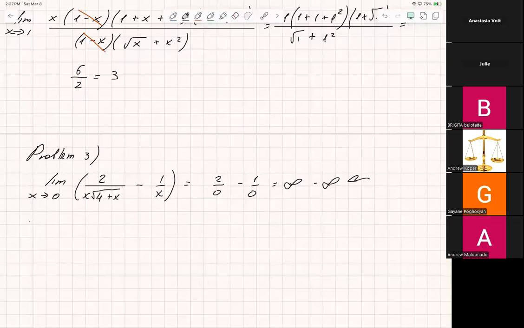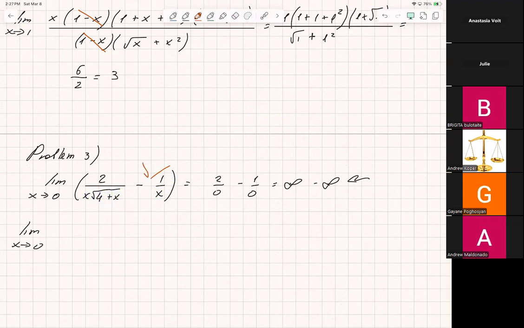Okay, so we have limit as x approaches 0. Now, the first fraction has the denominator x square root of 4 plus x, and the second fraction has the denominator of x. So both of them have x. So to have a common denominator, we need to multiply the second fraction by square root of 4 plus x, right?